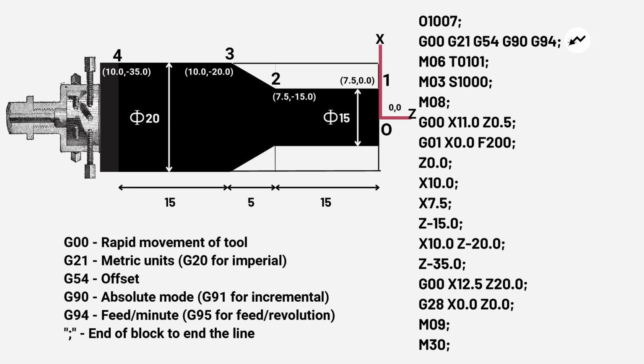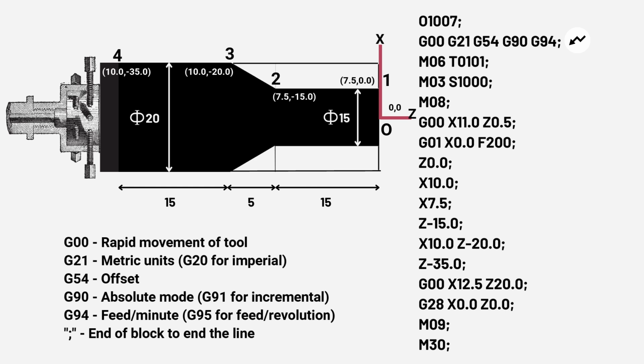G21 command is used to tell the machine that dimensions are in millimeter or metric units are used. If the dimensions were in inches or imperial units were used, the G20 command would have been used. G54 is used to set offset.